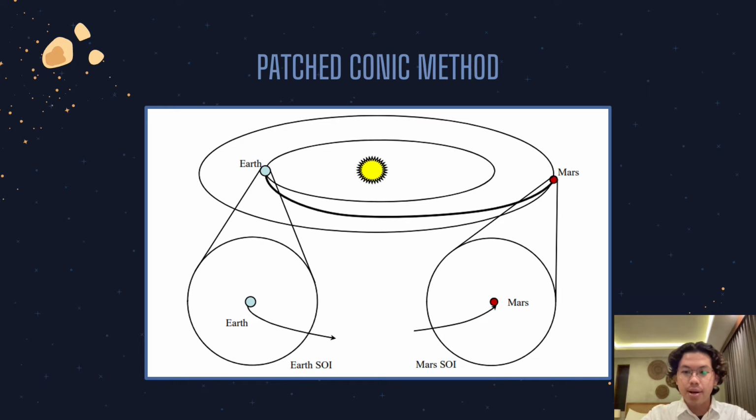Here is a better illustration of the patch conic method that I will use in my calculation. Other than that, I will also use a co-tangential trajectory, meaning that there will be no correction maneuver in my calculation.